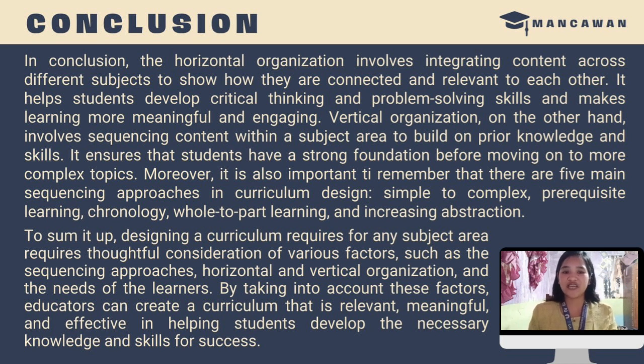Prerequisite learning involves sequencing content so that students have the necessary knowledge and skills to learn more advanced content. Chronology involves sequencing content in the order in which it occurred historically or is typically learned. Whole-to-part learning involves teaching the big picture or concept first, then breaking it down into smaller parts or details. Increasing abstraction involves sequencing content to more abstract and general concepts.